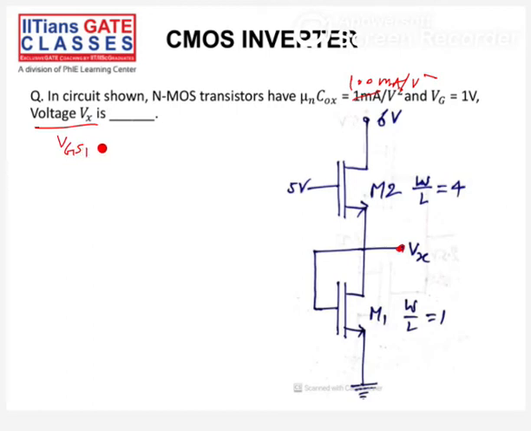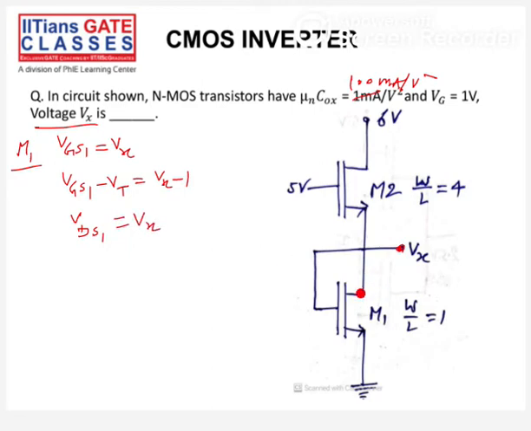We'll see VGS1. It is M1. So VGS1 will be equal to Vx, because S is 0 and VG is Vx. So VGS1 minus VT will be Vx minus 1. VDS1 will be equal to Vx also.